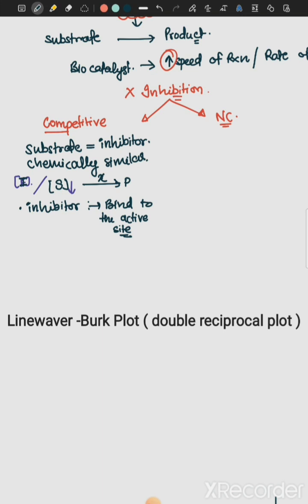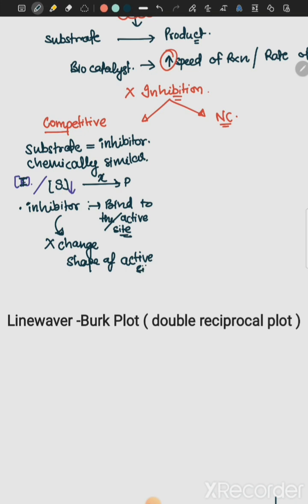Here inhibitors bind with the active site, and because of that the product formation does not take place. Inhibitors do not change the shape of the active site.